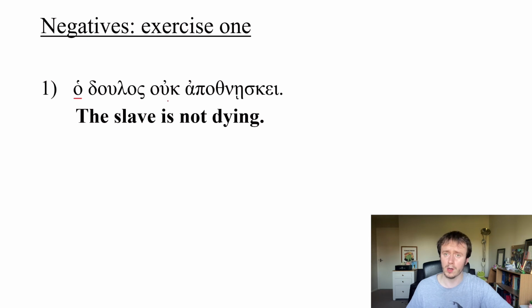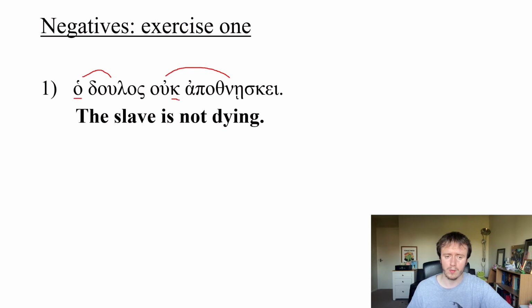We know that ouk means not, and apothneiskei is he, she, it, dies or is dying. And we know who that he is, we know it's the slave. So, this was the slave is not dying, or the slave does not die.